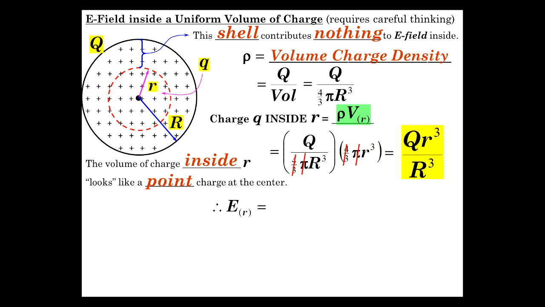And because of that, it is subject to the inverse square law. In other words, E as a function of r is kQ over r squared. And that's k over r squared, but times the amount of charge, which then is what we got before, which is Q little r cubed over big R cubed.